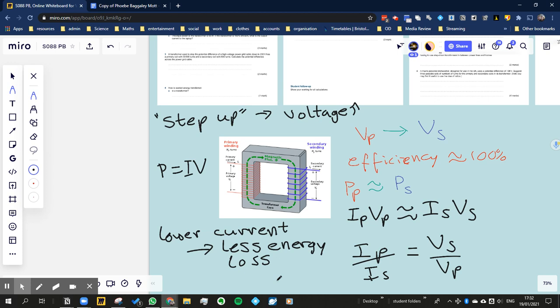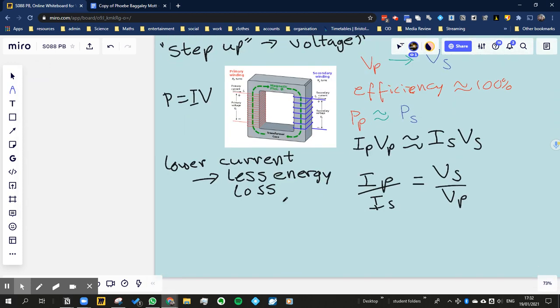So power lines have a very, very high voltage because the voltage has been stepped up so that the current could be stepped down. So when you go from a power station to the power lines, that's using a step-up transformer.